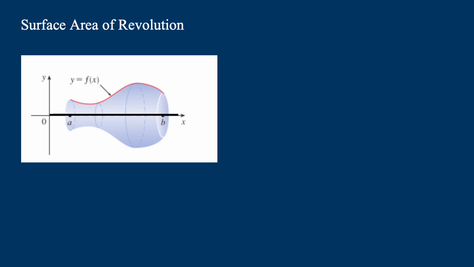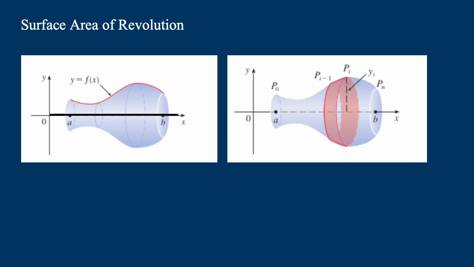To calculate this area, you zoom in on one tiny piece of the curve. So look at this small piece, a small arc. This one is rotated, it sweeps out a thin cylindrical strip right there.